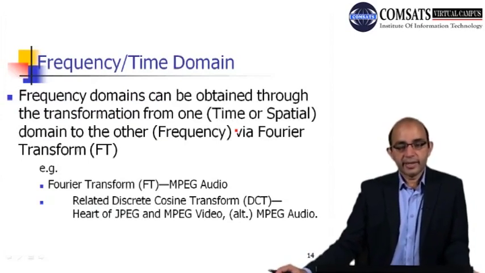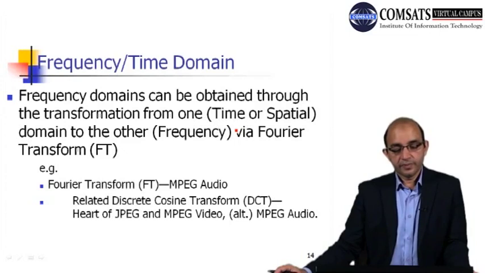So as I have mentioned, the frequency domain can be obtained through the transformation from one, it can be a time domain or spatial domain, to the other via Fourier transform, and we will be using Fourier transform as a tool.